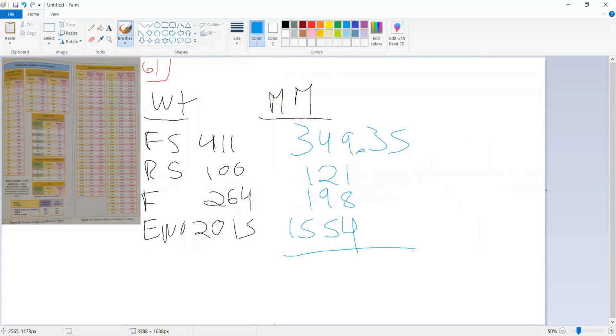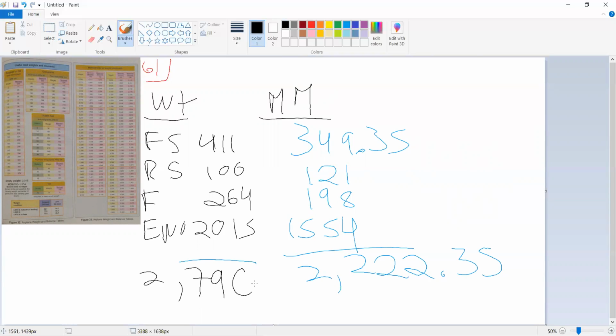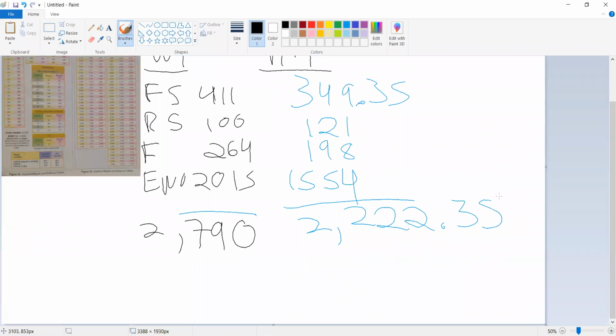We can tally up everything. This comes out to be 2,222.35. And this here becomes 2,790. All right, now that we have our sums, we have to figure out if we're within range or not within range. So looking at the number 2,790, let's just focus on that.